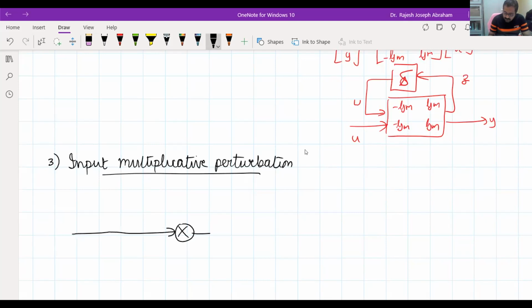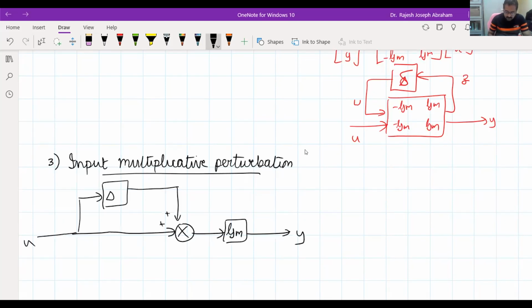This is your nominal plant, and here is our perturbation. This is U, this is Y. Okay, so this will be our perturbed plant GP. So what to do next? We need to identify what Z and W are. What is Z? Z is the input to the delta block. Okay, so this is Z, and the output coming from delta is the external input W.